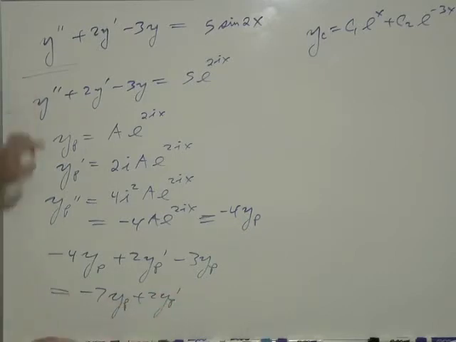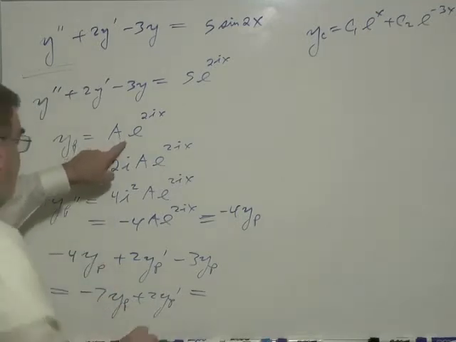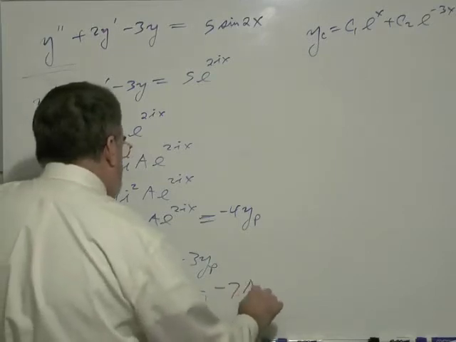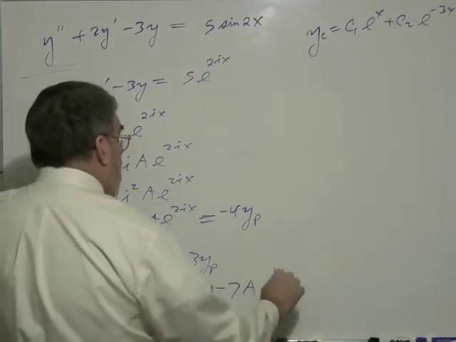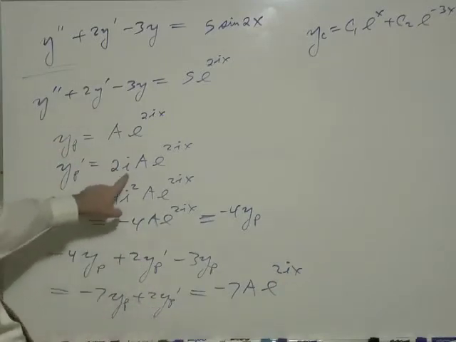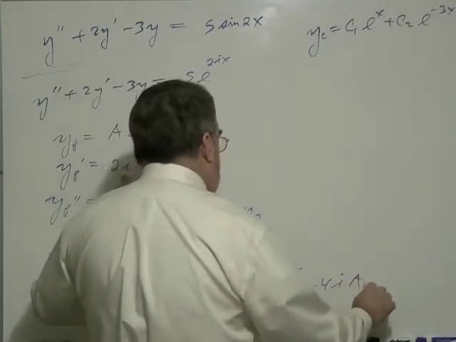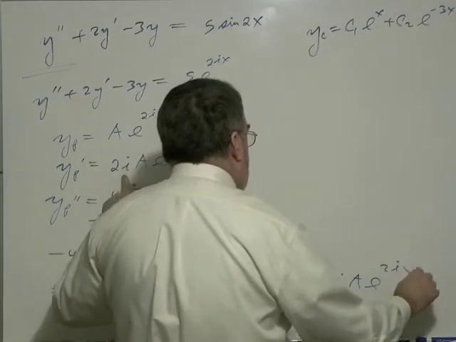So that should look familiar from the last example. And then when we plug in, I've got minus 7 times y particular, so that's minus 7a e to the 2ix, then plus 2 y particular prime, so that's plus 2 times 2i, 4i a e to the 2ix.